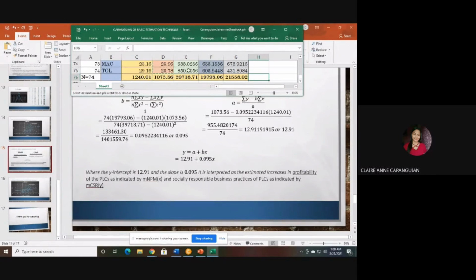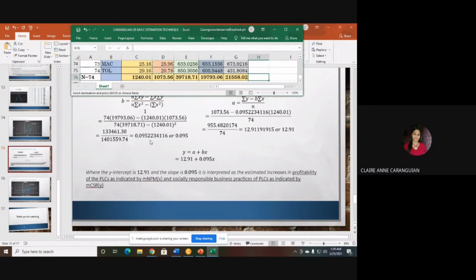Multiply by summation of xy, which is 19,793.06 less summation of x, which is 1240.01 multiply by summation of y, 1703.56 all over the number of sample, which is 74, multiply by x squared, which is 39,718.71 less summation of x, which is 1240.01 squared. So the answer is 0.0952234116 or 0.095.